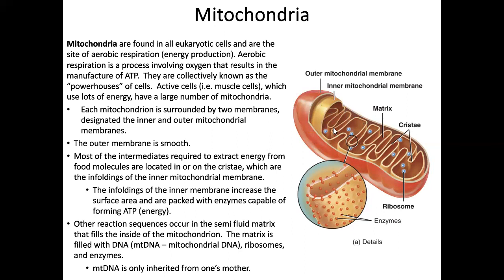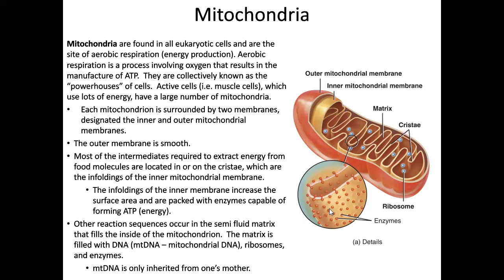Those inward foldings have a special name, what we call cristae, mitochondrial cristae. And this is where you're going to find most of the intermediates that are required to extract the energy from our food molecules.